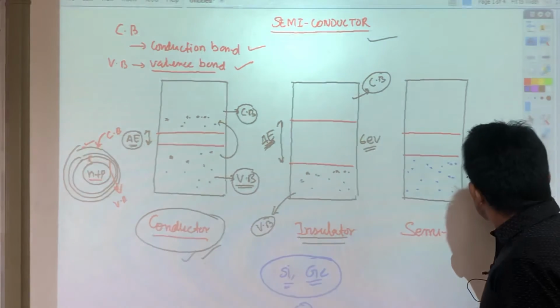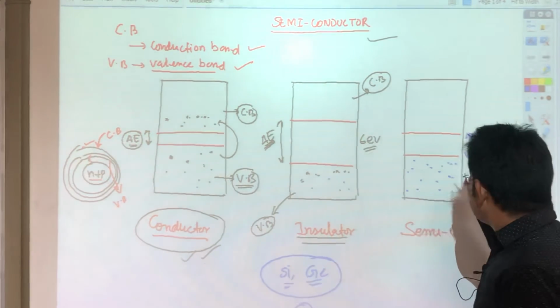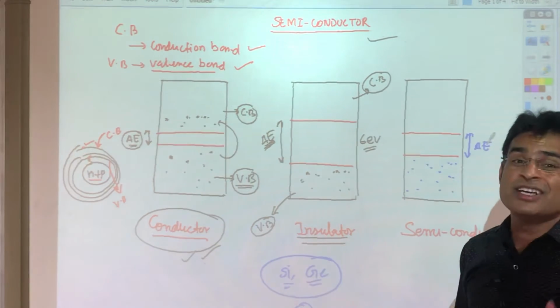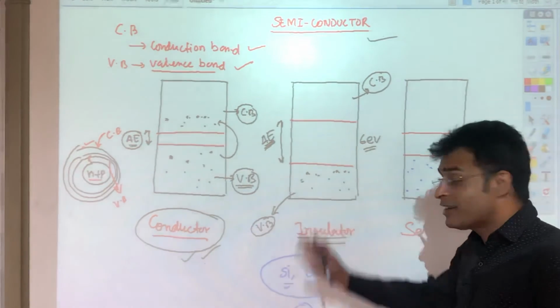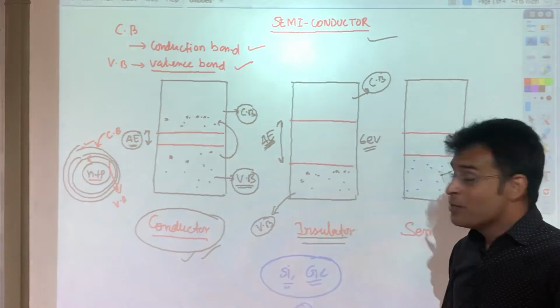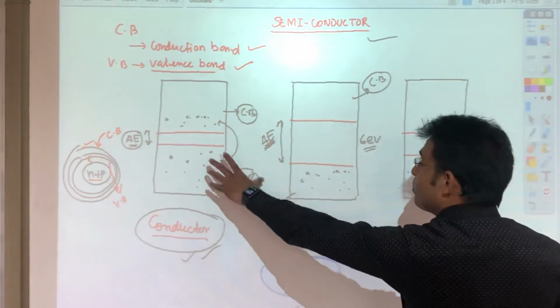This gap is less than in an insulator. This delta E is called the forbidden gap, or simply the energy gap. This forbidden gap is less than an insulator, but more than a conductor.